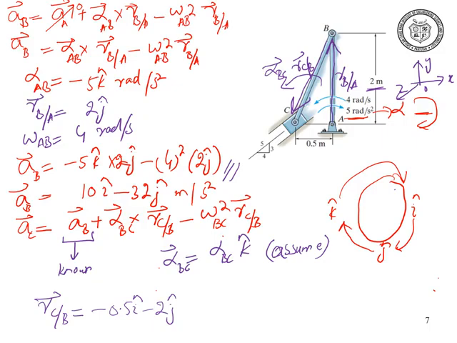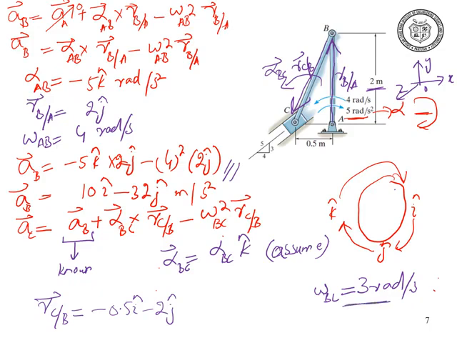We also found this omega BC previously when finding the velocity for the slider C, and we found that omega BC was equal to 3 radian per second.